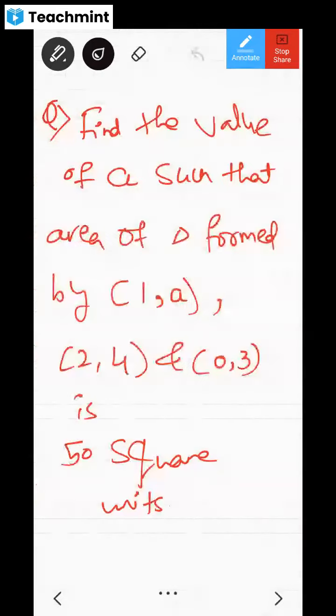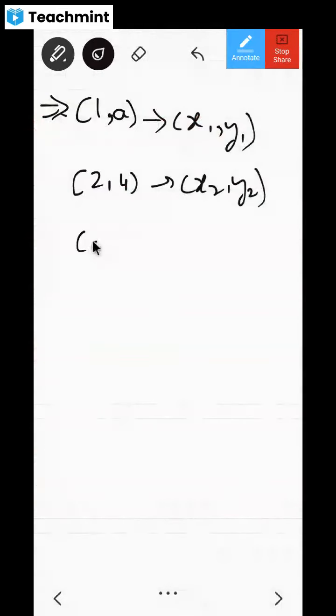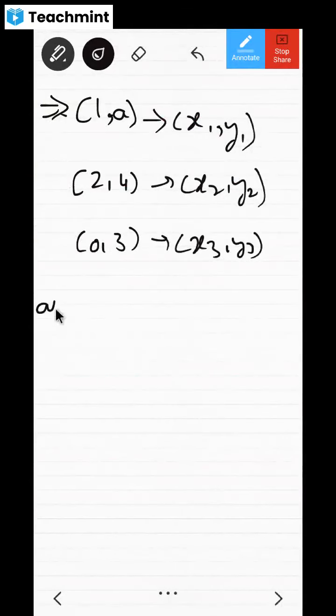And the next one is 0 comma 3, which we call x3 comma y3. You can name it A, B, C, P, Q, R, or just write area of triangle also. No issues at all, dear children. Area of triangle is equal to, you know, the formula. Now, can I substitute directly all these things instead of writing the formula?